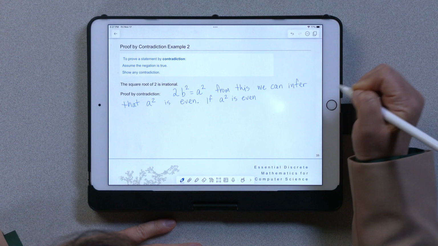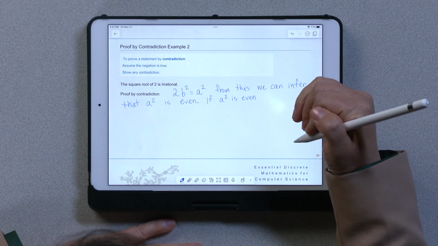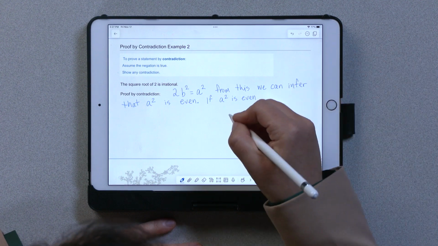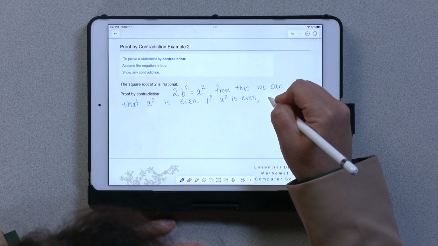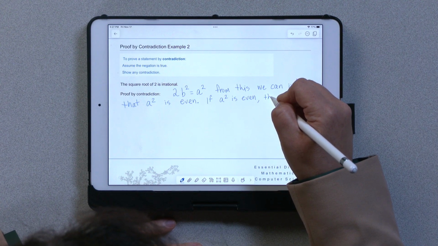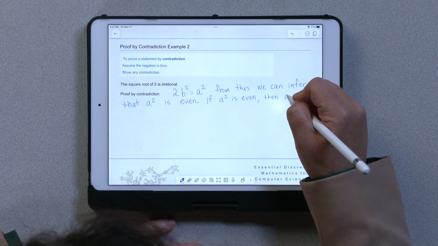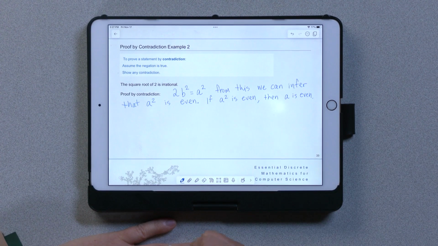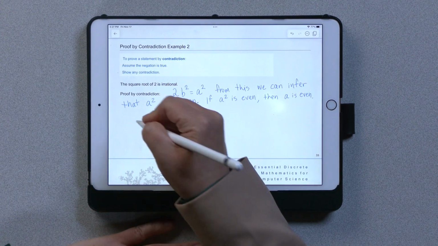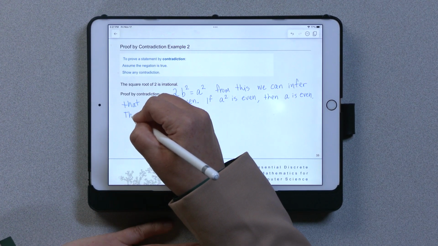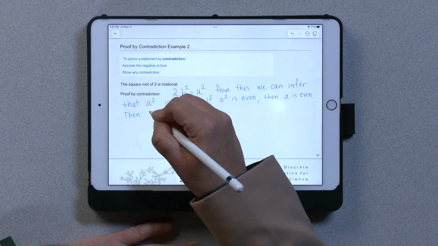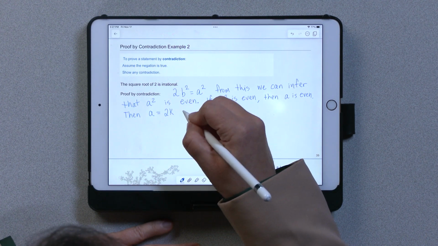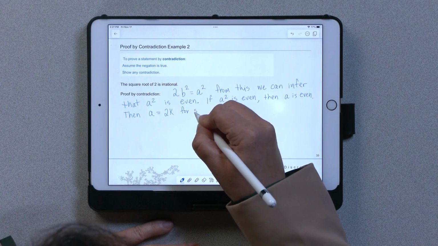Using the statement a number squared is odd if and only if the number is odd, if a squared is even, then a is even. Okay, if a is even, then a equals 2k for some integer k.